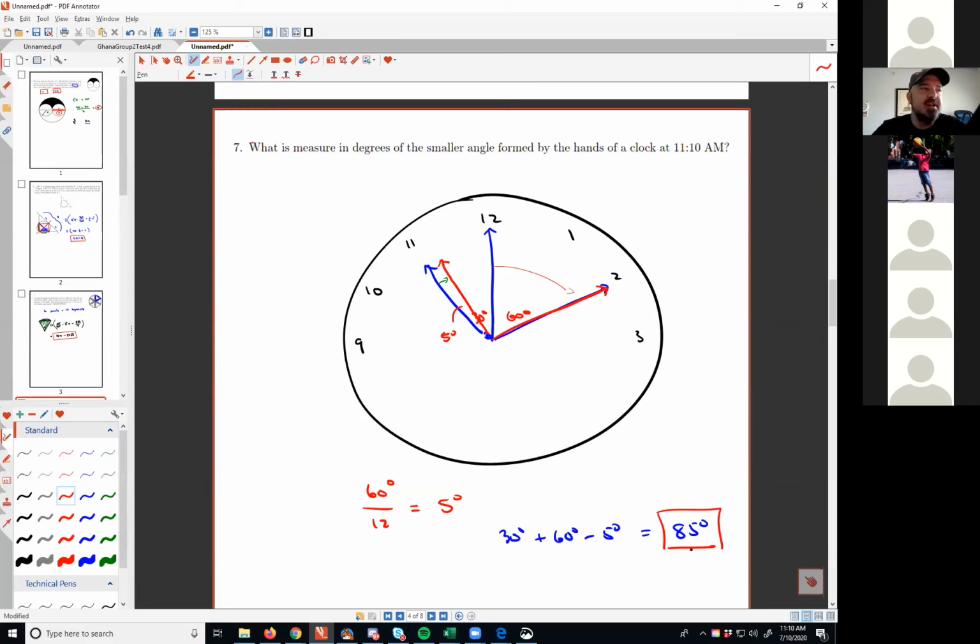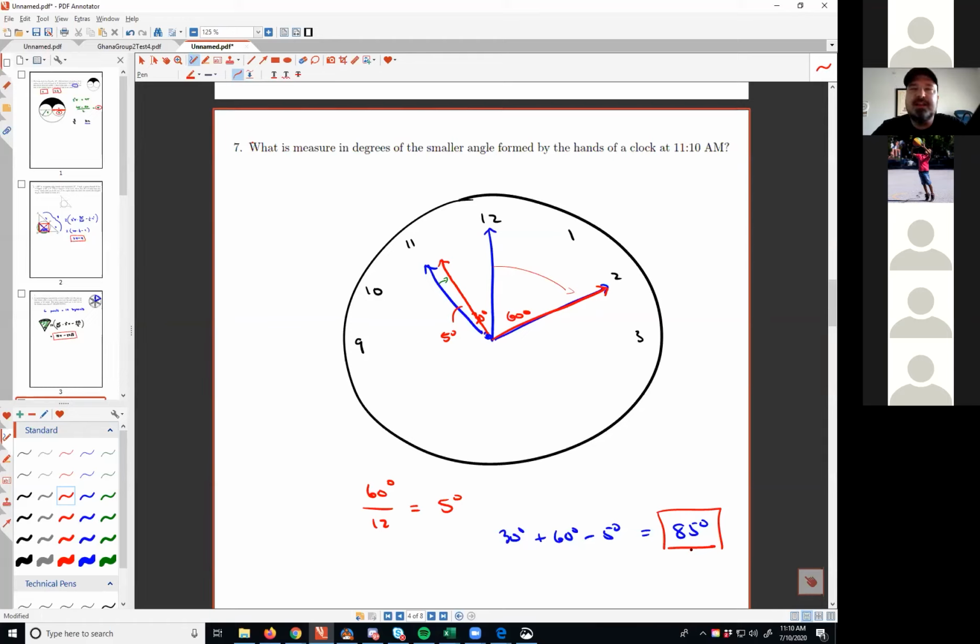And how many degrees does the hour hand move per minute? .5 degrees. That's right. It moves 30 degrees every hour. So per minute, we divide that by 60 and we get 1/2 of a degree per minute.